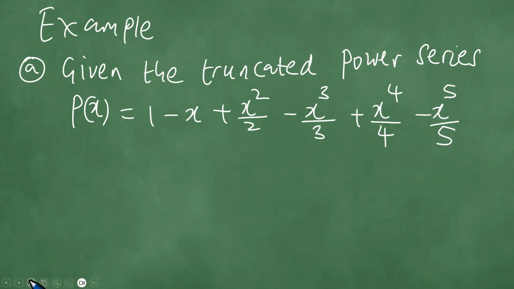Given the truncated power series, which is this, ordinarily power series are infinite, have an infinite number of summands or terms. Now, this one is truncated in the sense that it is terminated.